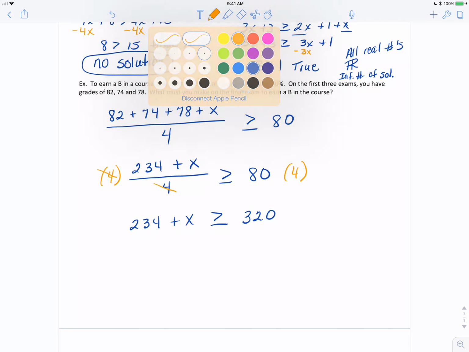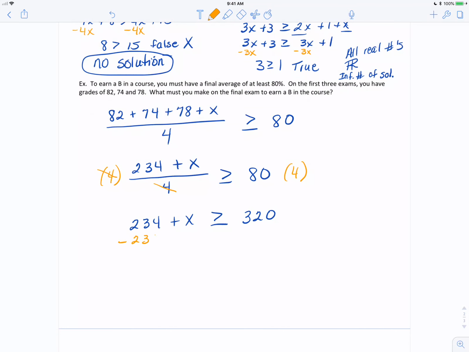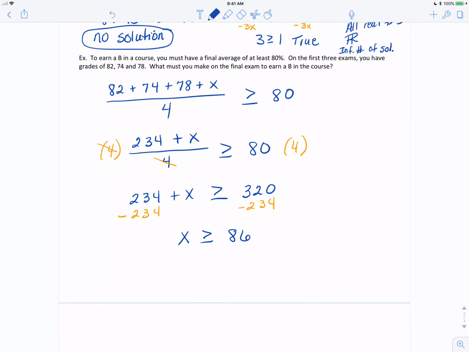So now we just need to subtract our 234 from both sides to find out what we need to make on our test. So I need to make an 86 or greater. So x has to be greater than or equal to an 86 in order to make a B in that class.